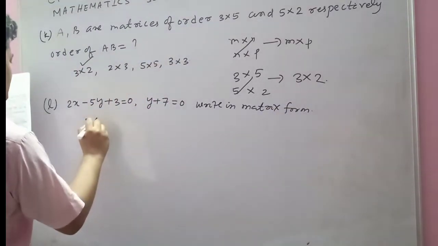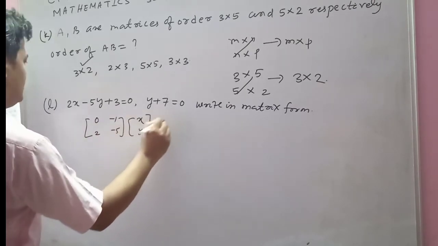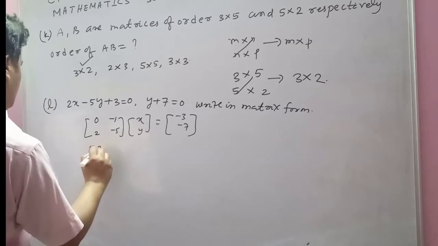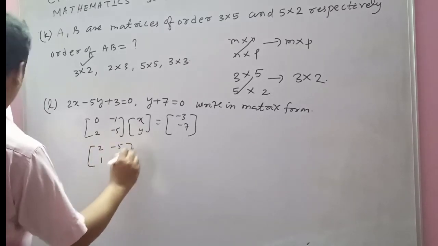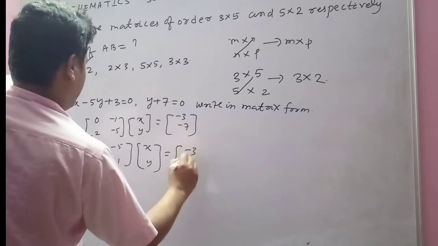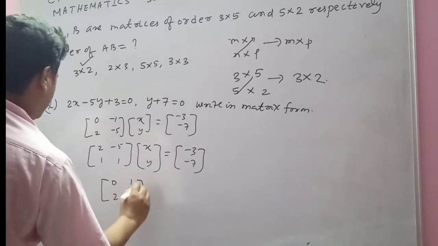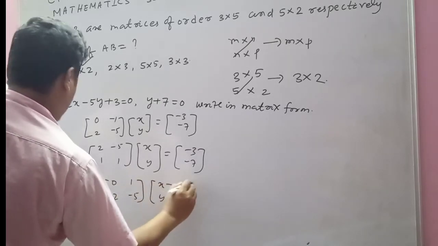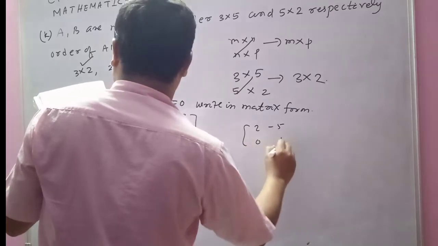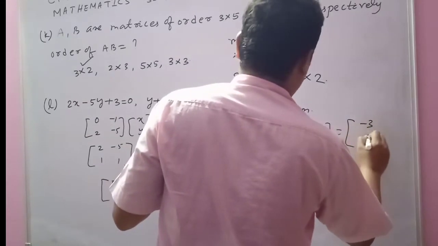Options given: [0, -1; 2, -5][x; y] = [-3; -7]; then [2, -5; 1, 1][x; y] = [-3; -7]; [0, 1; 2, -5][x; y] = [3; 7]; and [2, -5; 0, 1][x; y] = [-3; -7].